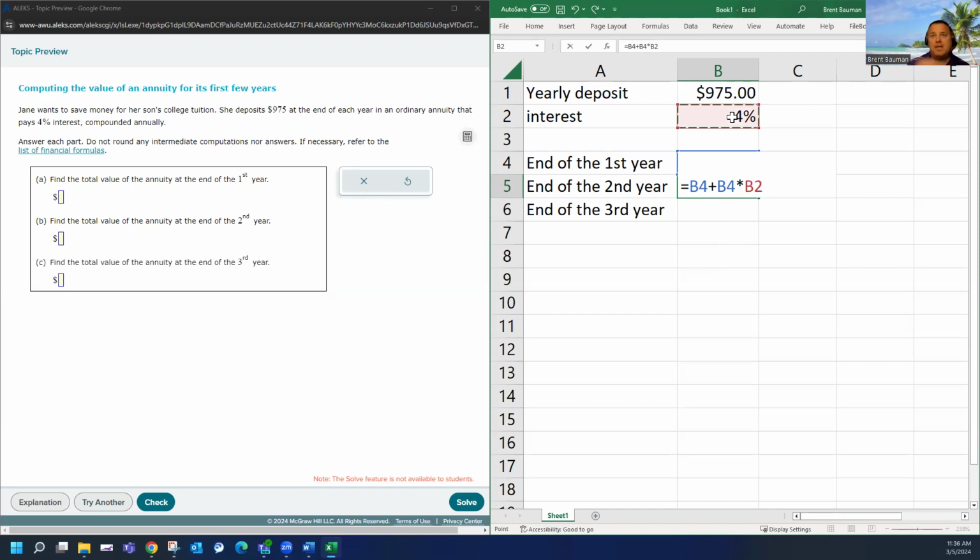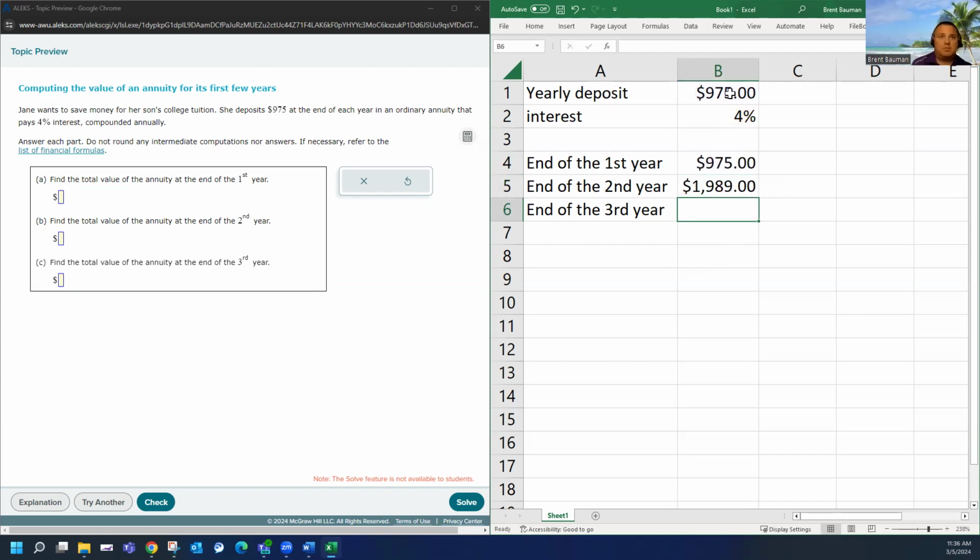And then we're going to make another deposit. So we're going to add that yearly deposit. So we have the balance at the end of the first year plus the balance times the rate, the interest that we've earned, plus the yearly deposit. And notice that that yearly deposit at the end, again, isn't getting any of that interest being applied to it.